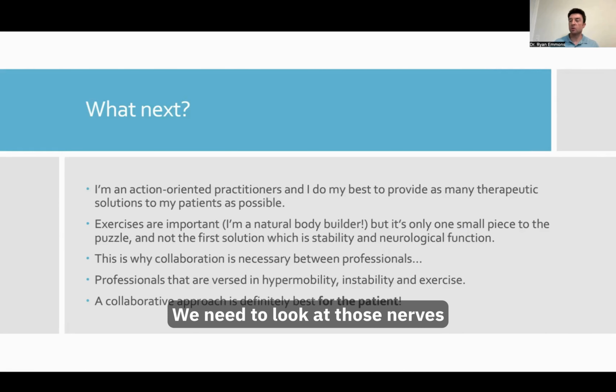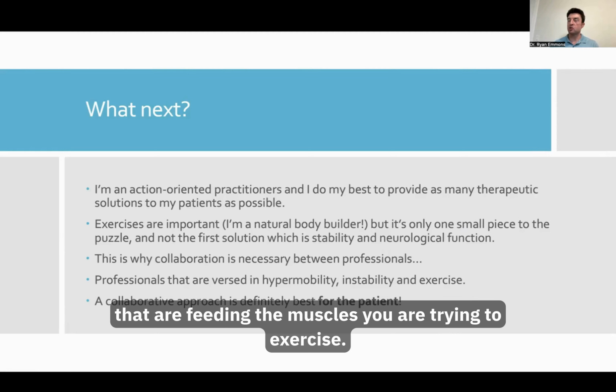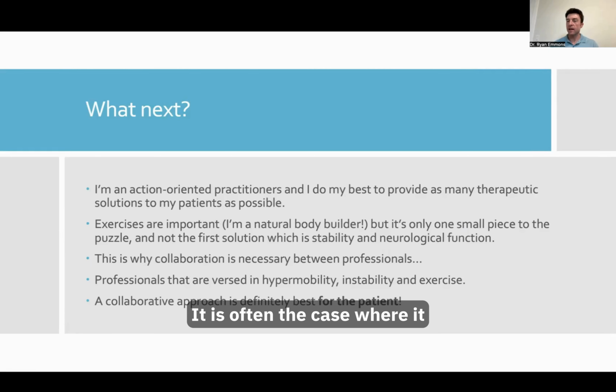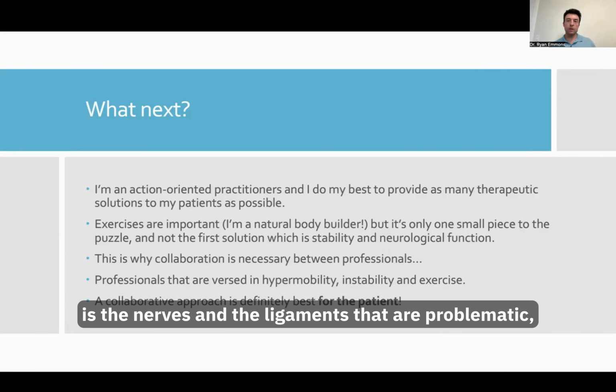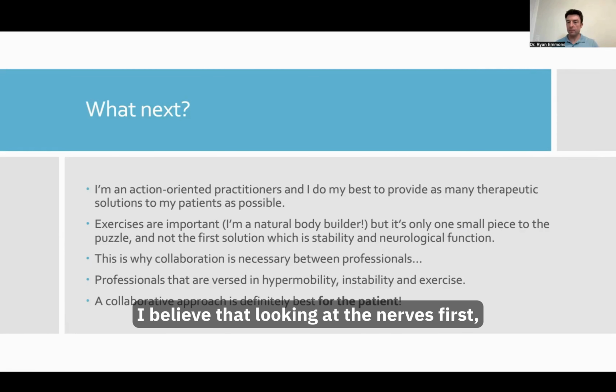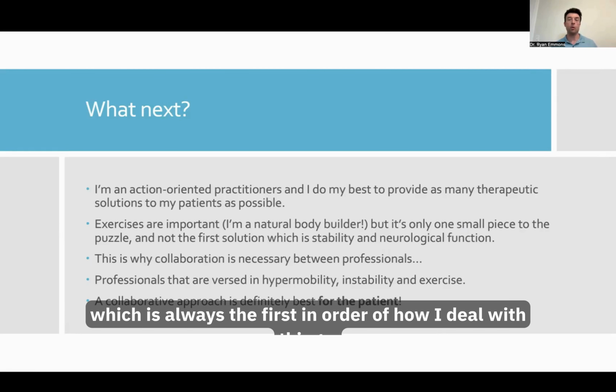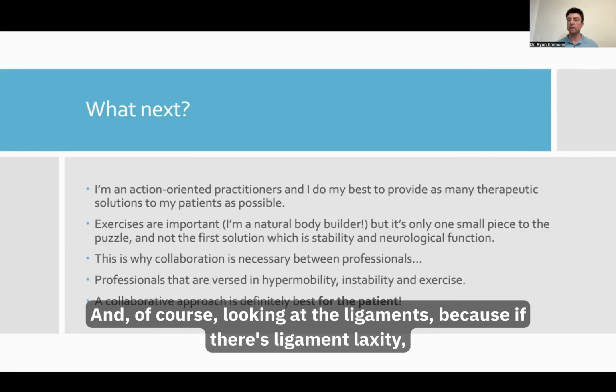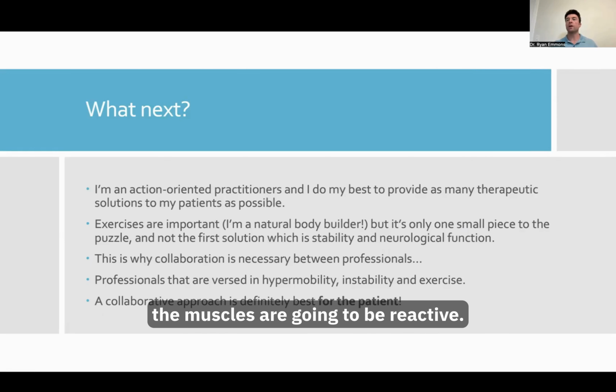We need to look at those nerves that are feeding the muscles you are trying to exercise. It is often the case where it is the nerves and the ligaments that are problematic, but we have such a tendency to focus on the muscles and the joints, which I don't agree with. I believe that looking at the nerves first, which is always the first in order of how I deal with things, and of course looking at the ligaments, because if there's ligament laxity, the muscles are going to be reactive.